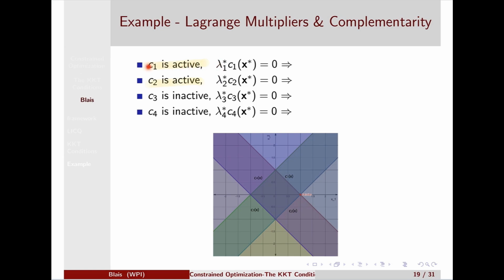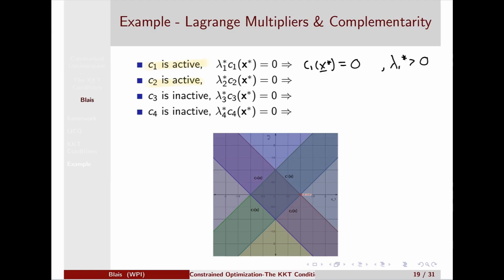If C1 is active, its Lagrange multiplier is on, meaning it's positive. If C1 is active, C1 of x star is equal to 0. Since C1 of x star is equal to 0, that allows lambda 1 star to be positive.